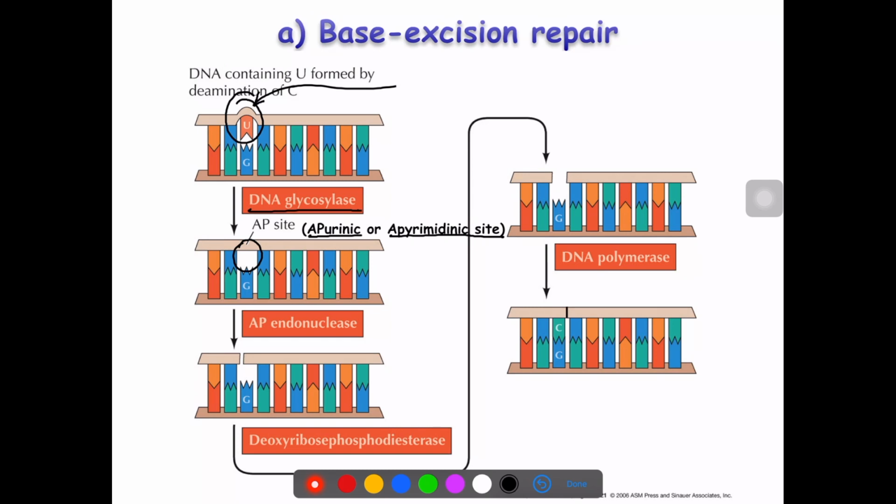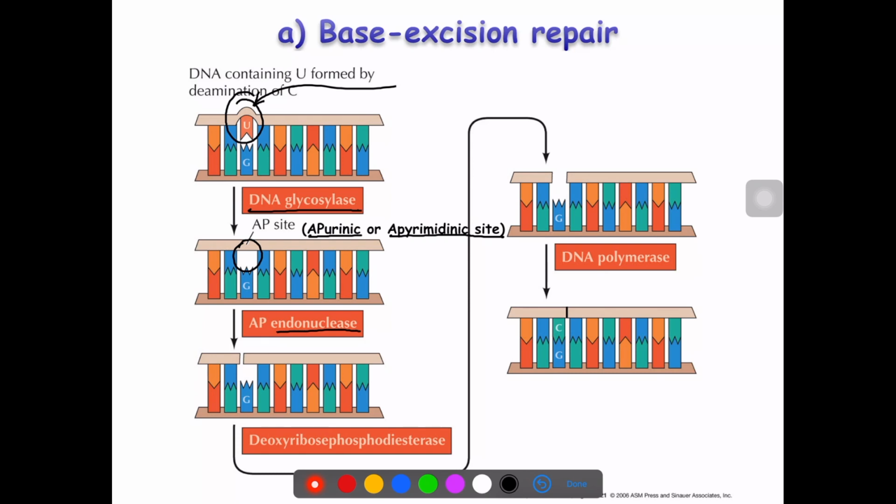Now, once you have eliminated the base, you need to break the backbone of the DNA. That breakage requires an endonuclease activity, and it will take place right where you have the AP site, the apurinic or apyrimidinic site.